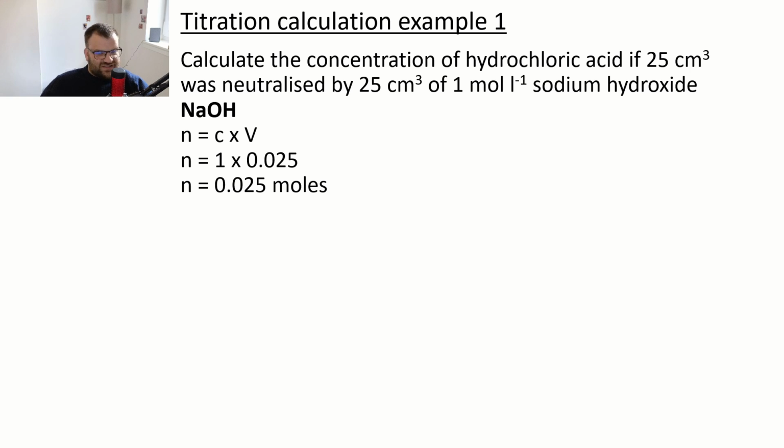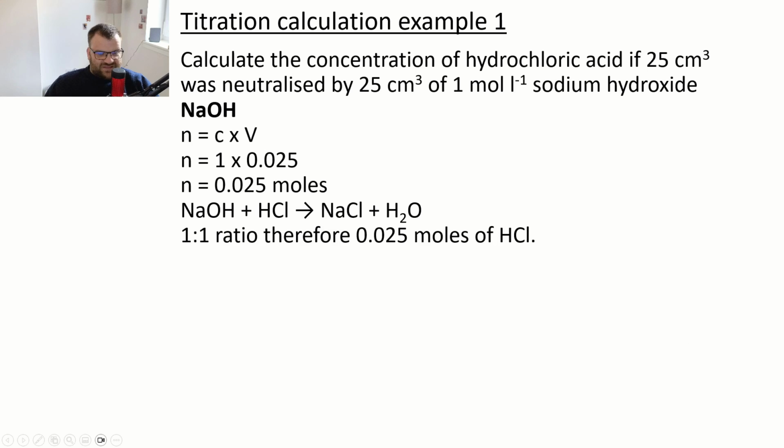In these questions, it's similar to ones on n = m/Mr. We need to find a way of relating the number of moles of NaOH to our HCl, chemical 1 to chemical 2. We have the balanced equation here, and what this is telling me is that it's a 1-to-1 ratio. For every 1 NaOH, we need 1 HCl, and that means it's the same number of moles on both sides.